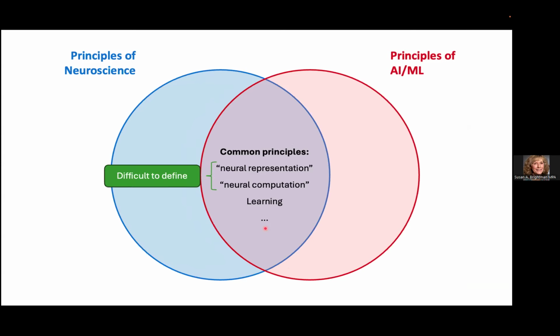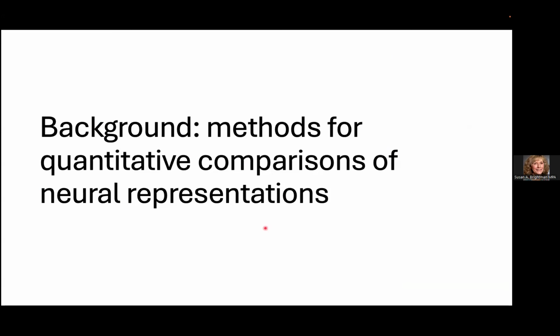But things like neural representation and neural computation are, let's say, notoriously slippery concepts to define. So the next part of this talk is going to be a sort of introduction to methods that we have currently for doing quantitative comparisons of neural representations across systems.